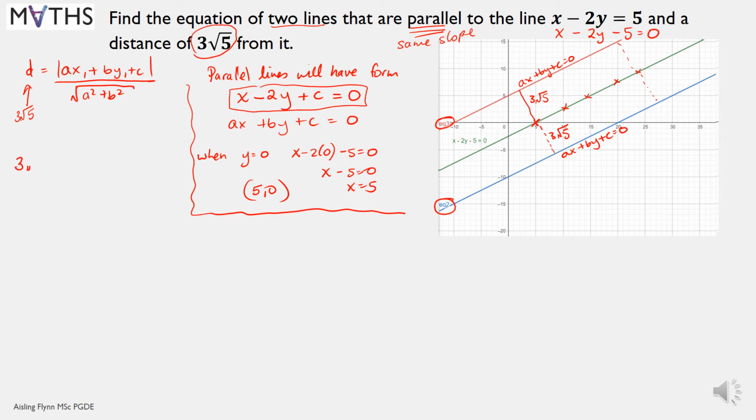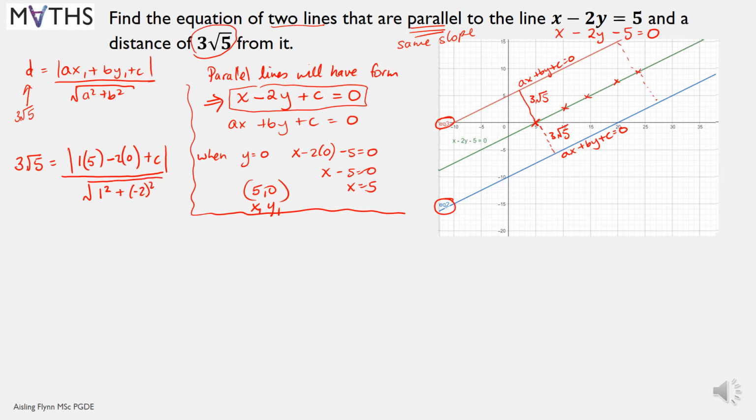So 3 root 5, the distance, equals the modulus of a times x1 plus b times y1 plus c: a is 1 times 5, plus b, which is minus 2 times 0, plus c, we still don't know that, and we'll divide all that by the square root of a squared, which is 1 squared, plus b squared, which is minus 2 squared.